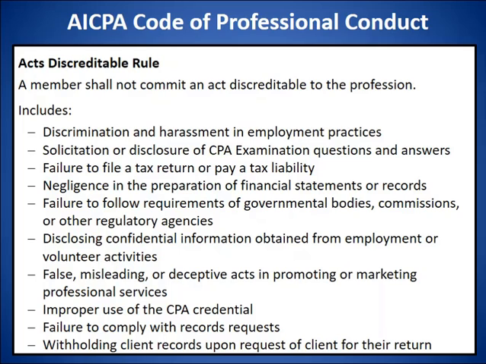Now, that also implies that if a client demands those records, again, those are the auditor's property, and the auditor doesn't have to release those. But if they are the client's property, the auditor has to release them upon their request.